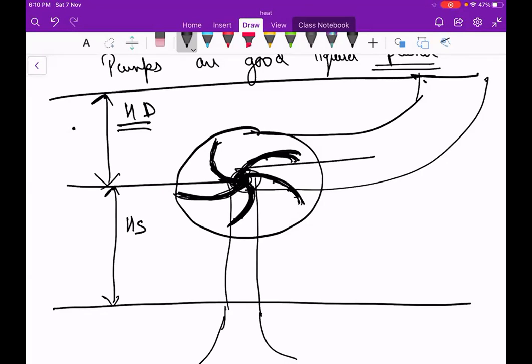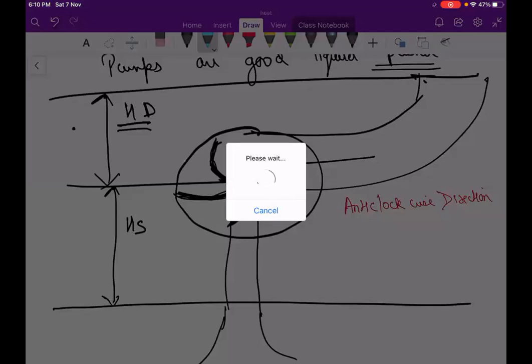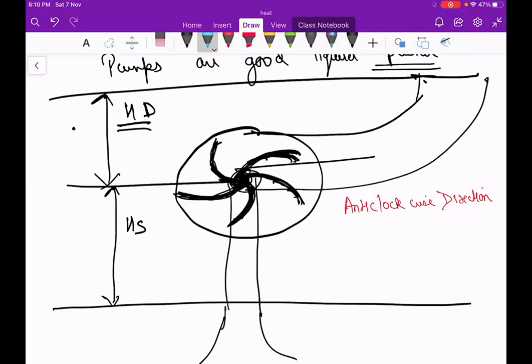It is better to move this in the anti-clockwise direction. I will explain why. When the fluid is moving, suppose the fluid particles are here.